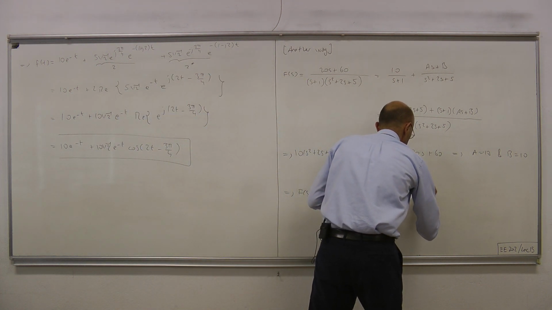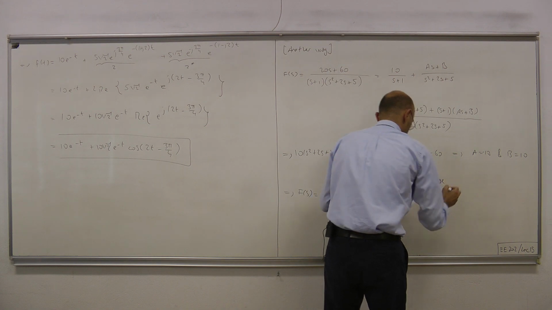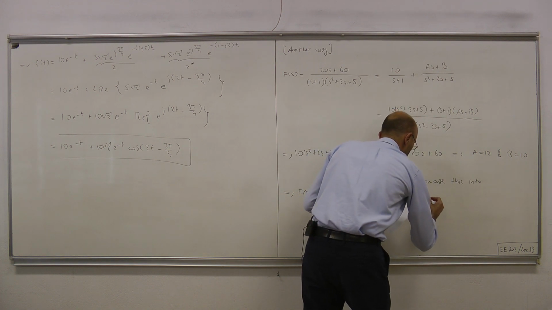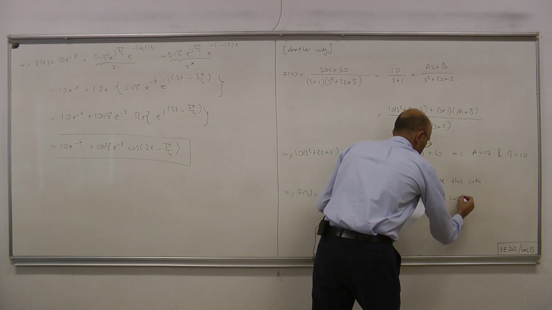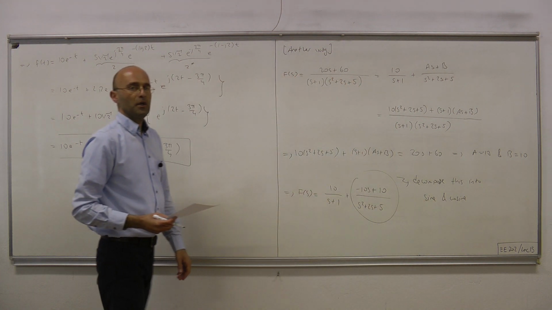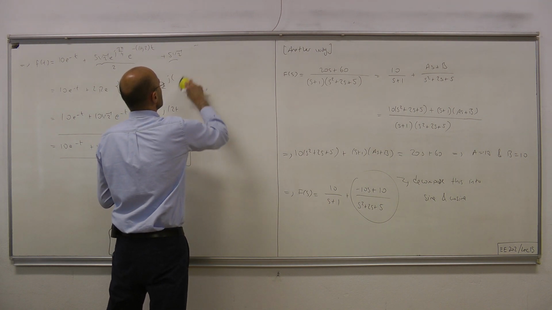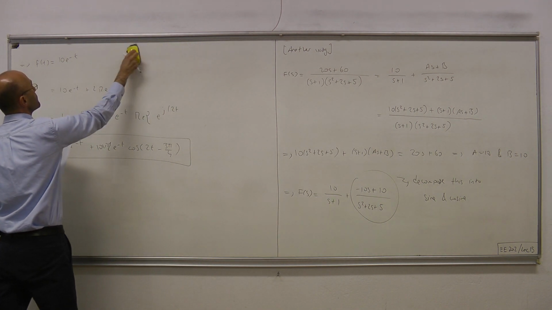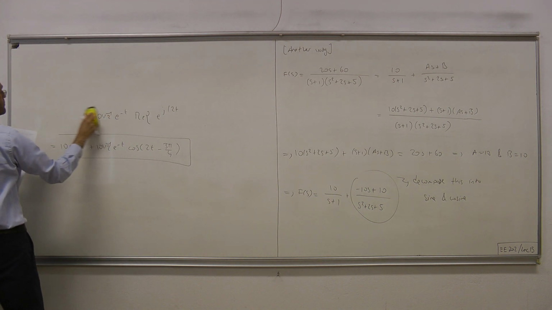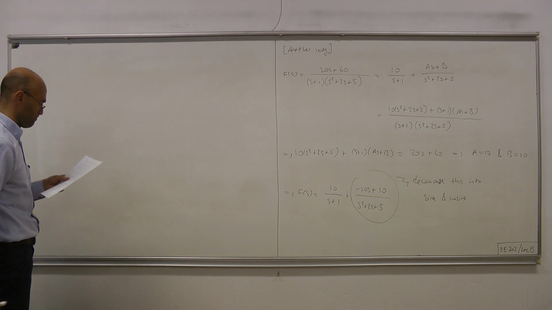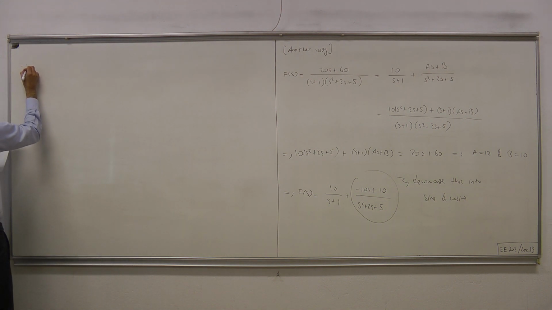Decompose this into sine and cosine. So what do we mean by that? We mean the following. Minus 10s plus 10 over s squared plus 2s plus 5.